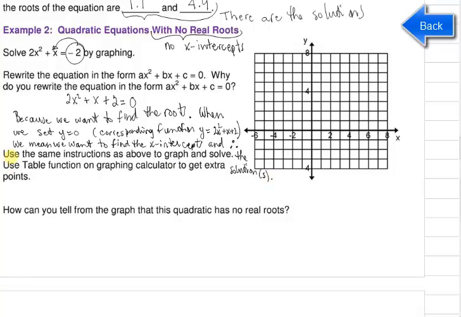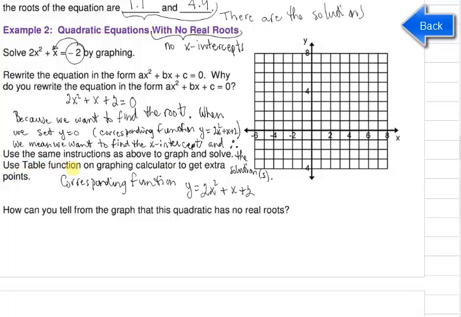So we're going to use the same instructions as above to graph and solve, using the corresponding function y equals 2x squared plus x plus 2. We're going to enter that into our graphing calculators and find our vertex, x-intercepts, y-intercept, and so on.